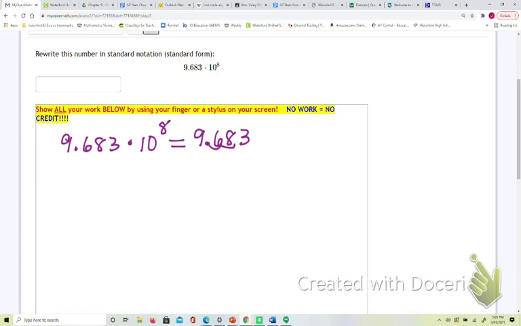So 1, 2, 3, 4, 5, 6, 7, 8. Fill in all of your zeros with the empty waves, and then you're going to type that number in. So 9683, and then how many zeros do I have? 5. Type that number in and submit. Make sure you have your work in your work area. There's not that much work, but you got to put your work in the work area.